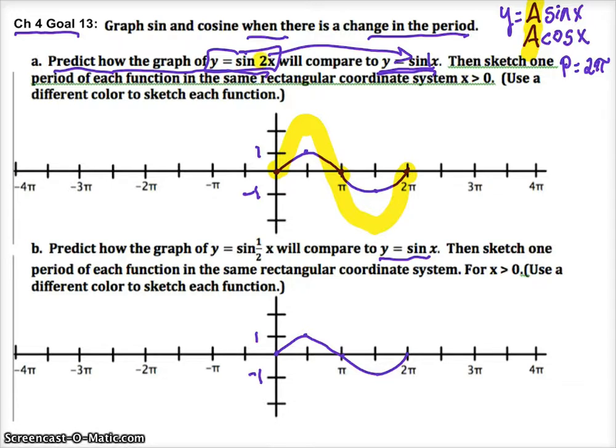Because 2 is not the coefficient of the function sine, but 1 is the coefficient of sine, this 2 should not affect the function vertically at all. So if that was your suggestion, let's see if you can rethink that.